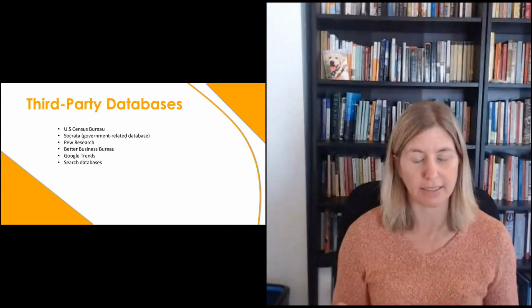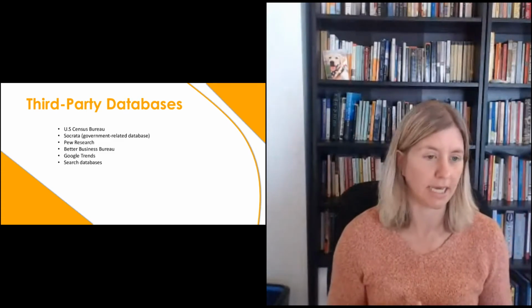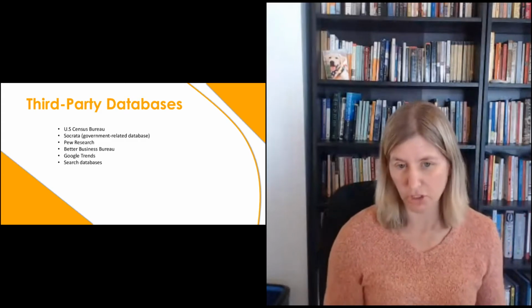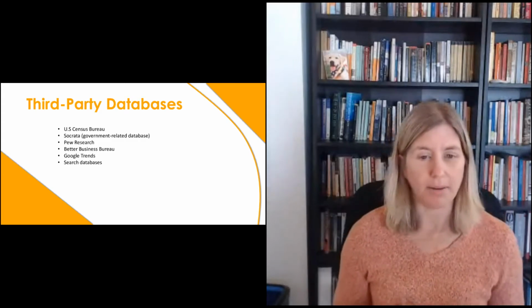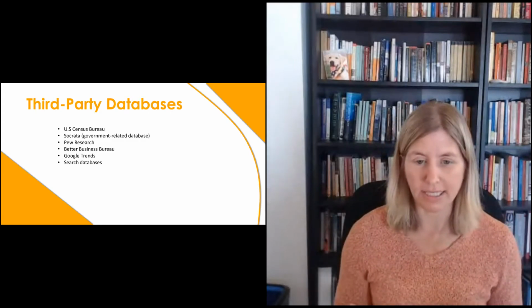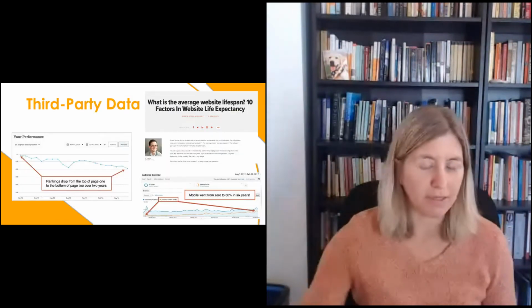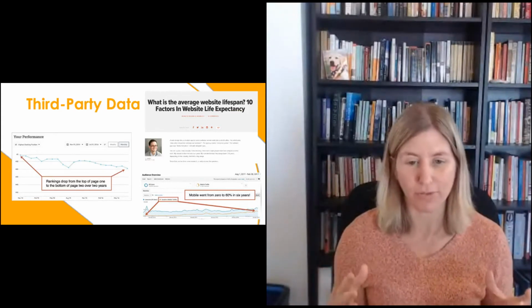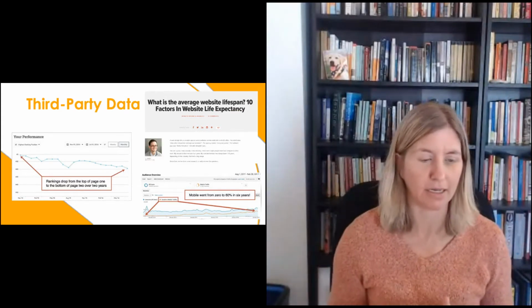Pew Research makes some of their data public in databases. Better Business Bureau, Google Trends, there are search databases. So those are just some ideas. And in this next example, I'm going to show you, you don't even have to necessarily use public databases. There are other ways to gather third-party data.